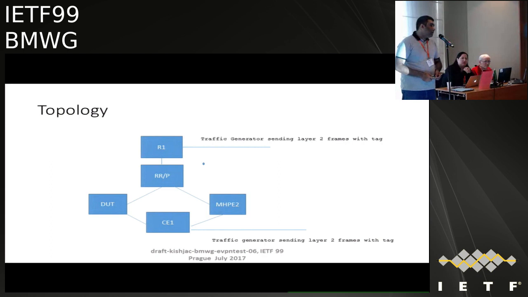Usually the device under test is part of the... maybe it should be, one of the solutions I can think of, a frame around anything aside from the DUT, a box that says tester, and then explain that the tester is a multitude of machines like router 1, RRP, CE, and MPHP. That's how I would try to take care of it, because otherwise it's really confusing.